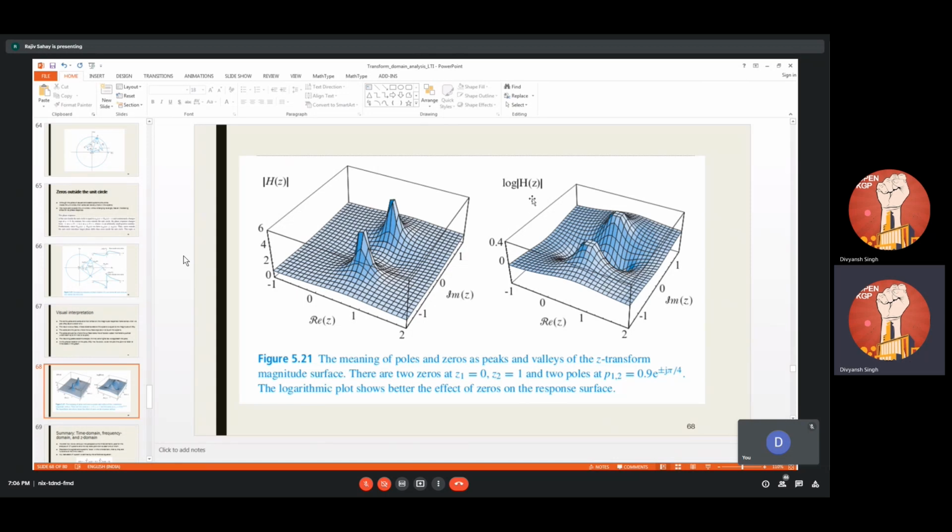The logarithmic plot makes the surface look better because it squeezes the dynamic range. Here the dynamic range is from -1 to 6; here it is from -1 to 0.4. The logarithmic function is doing that job, and therefore it is able to show you the zeros along with the poles. This is the visual interpretation of what happens when you have a pole and a zero in a system function.